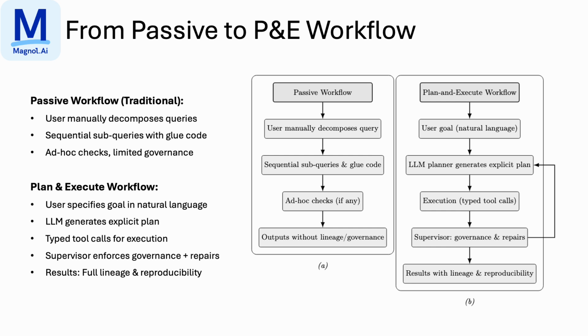A supervisor component enforces governance, repairs plans as needed, and ensures that every step is validated and reproducible. The result is a fully traceable, auditable workflow that accelerates insight generation and reduces the risk of errors, making advanced analytics accessible and safe for digital health.